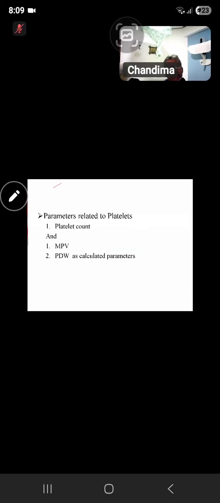Suppose in some situations the platelets aggregate. Instead of one platelet, sometimes two platelets aggregate. These platelets are sometimes counted as RBC, because in automated analyzers the red cells and platelets are counted in the same counting chamber.